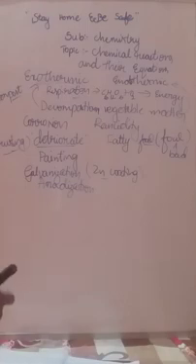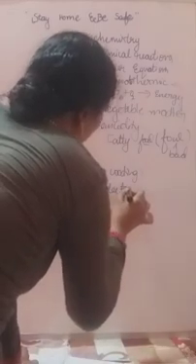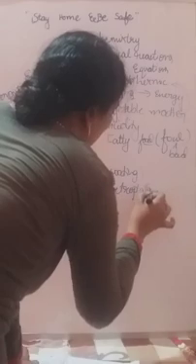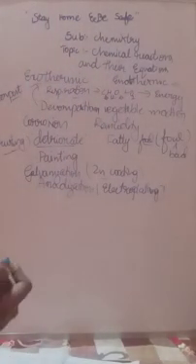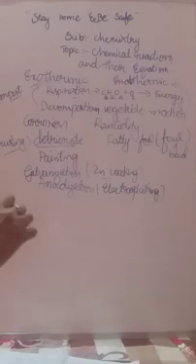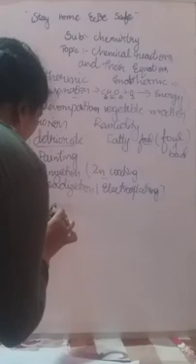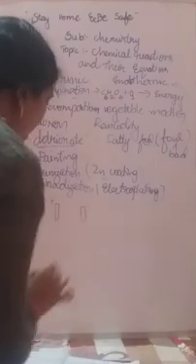And what is anodization? That is electroplating, the method of electroplating. Brief information is there in your metal lessons, but you have to get to know about that. Electroplating means the metal we want to coat is taken as anode, and the metal from which we are coating is taken as cathode.